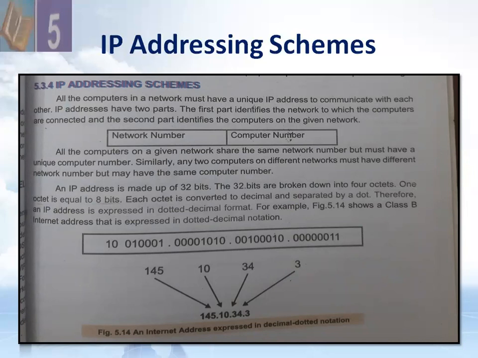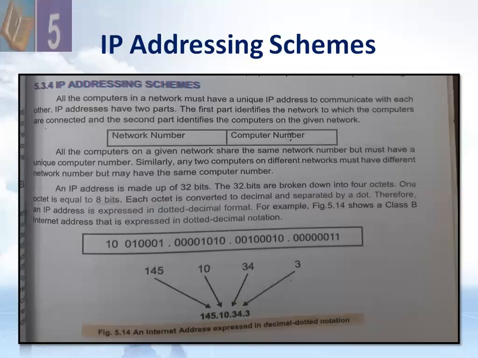All the computers on a given network share the same network number but must have a unique computer number. Similarly, any two computers on different networks must have different network numbers but may have the same computer number.